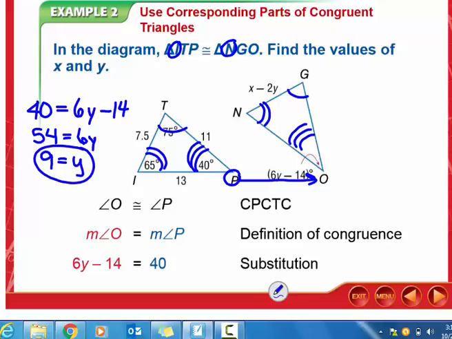Now I'm going to look at my corresponding sides. So I know based on the name of the triangle that segment IT corresponds to segment NG. So these are congruent.